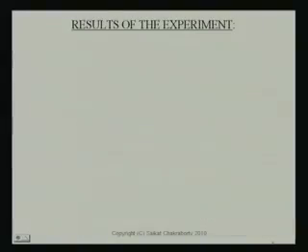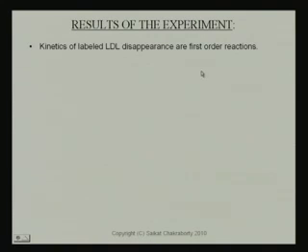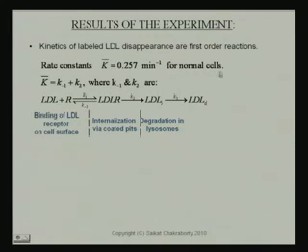Okay. So, now let us look at the results of the experiment. The kinetics of labeled LDL disappearance is first order, and the rate constant that I get is k bar, 0.257 or so. But let us look at these arrows that I wrote. LDL is my ligand, R is a receptor, LDLR is the complex that is being formed, LDLI is the complex in internalized form, and LDLD is the complex in degraded form.